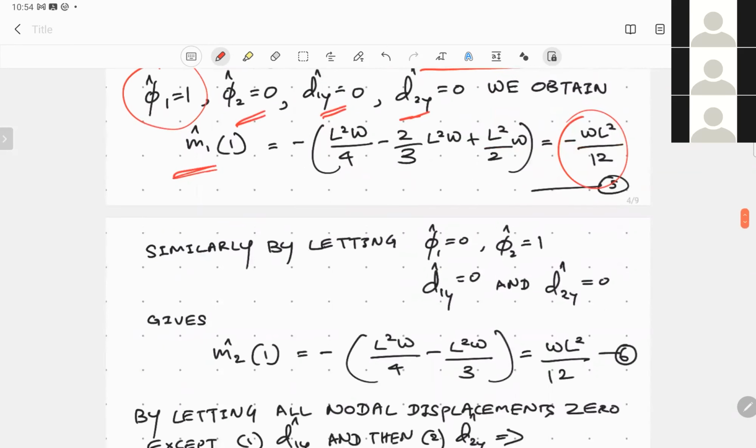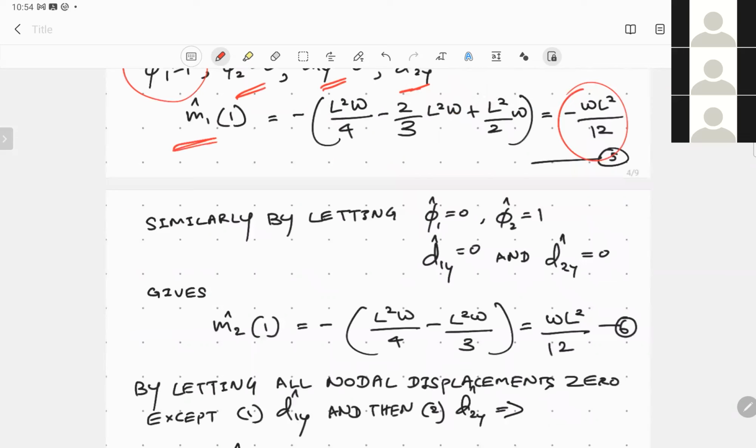Similarly, to obtain the bending moment at node number 2, you can assume all the remaining degrees of freedom to become 0. That is, the rotation at node number 1 and the transverse displacement at node number 1 to be 0, and only give a unit value to the rotation.